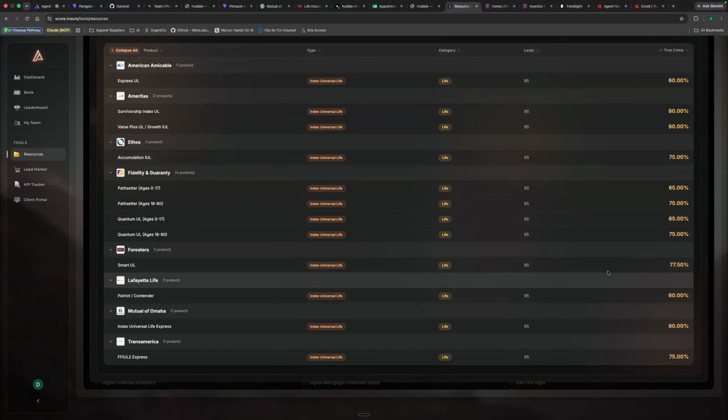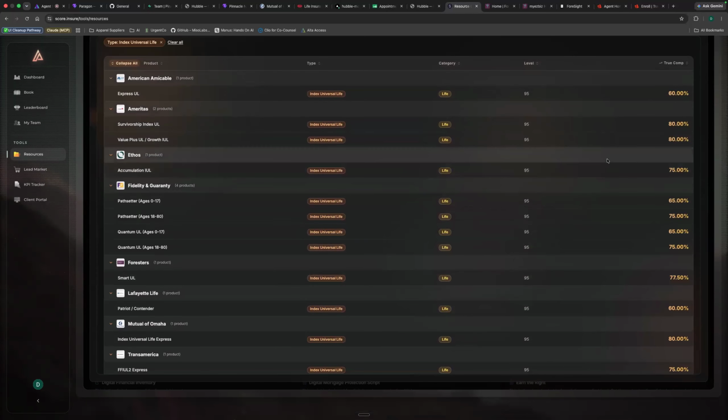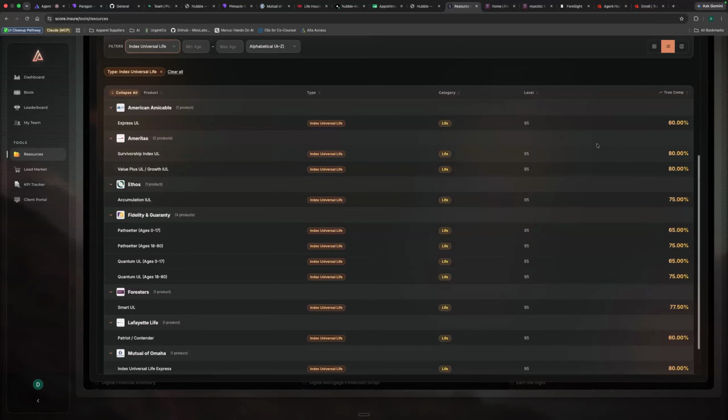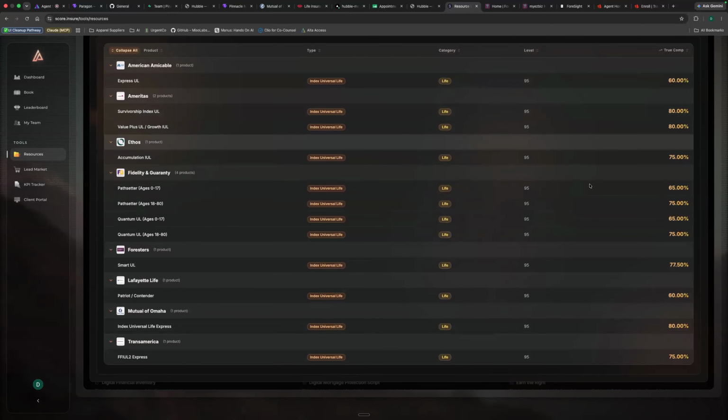So Mutual of Omaha is the highest commission, followed by Foresters, followed by Trans. And then we've also got F&G's Quantum at 75, Ethos Accumulation IUL 75. I want to say that Emeritus, both of these are fully underwritten, and AMAM's is trash. Oh, and Lafayette, I guess, has one too.